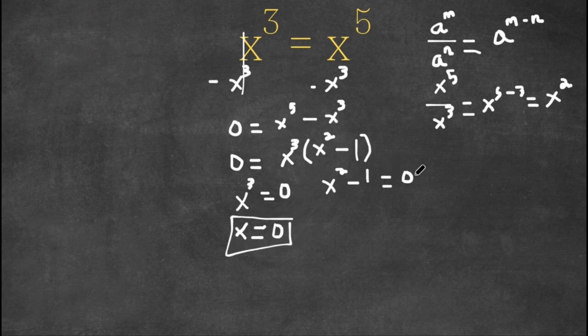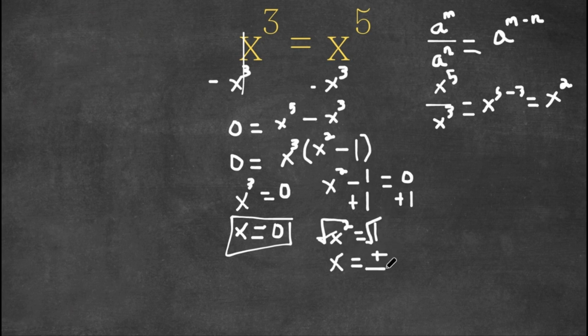Now we have x squared minus 1 equals 0. So if we add 1 on both sides, we get x squared equals 1. Now if we take the square root on both sides, because we just want x, these two cancel out, so we get x equals positive or negative 1.